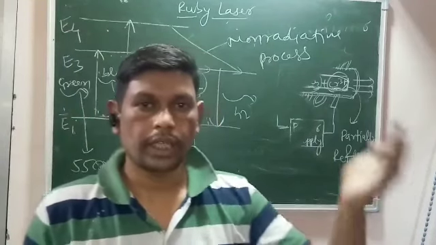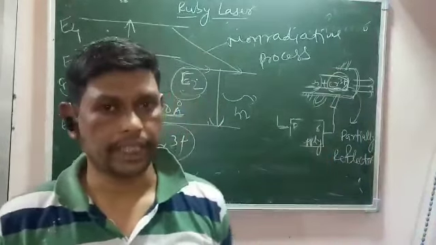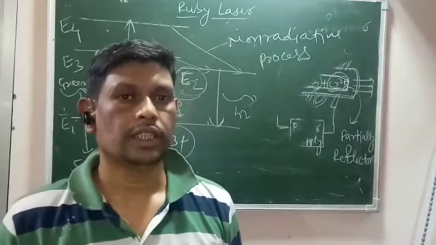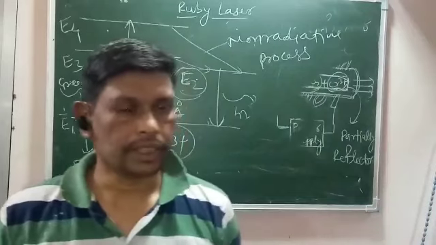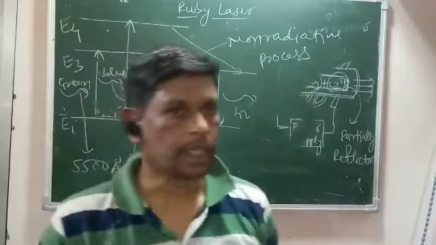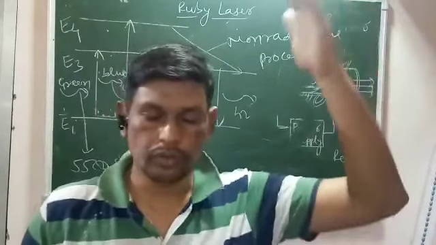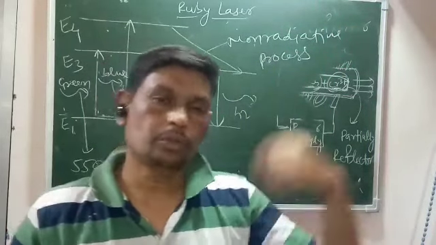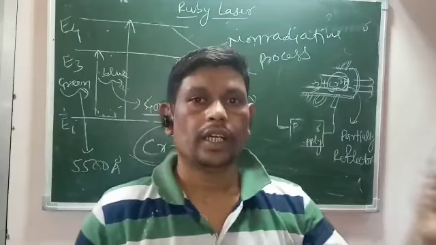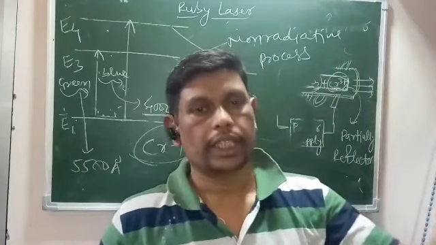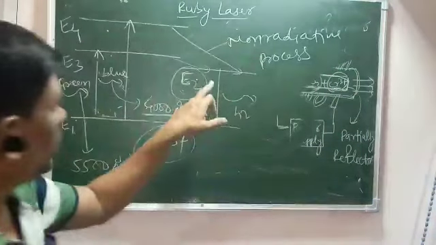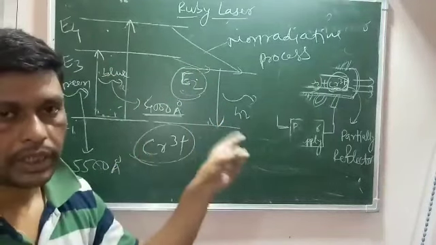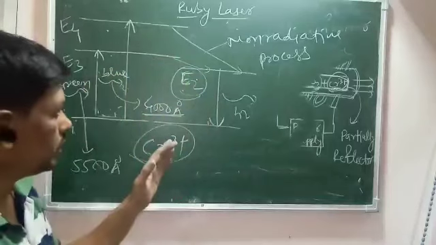So the spontaneously emitted particles are totally responsible for the stimulated emission. Those particles that come from E2 to E1 by spontaneous emission can stimulate the other excited state particles. Here E2 is called a metastable state because the population inversion condition can be achieved.